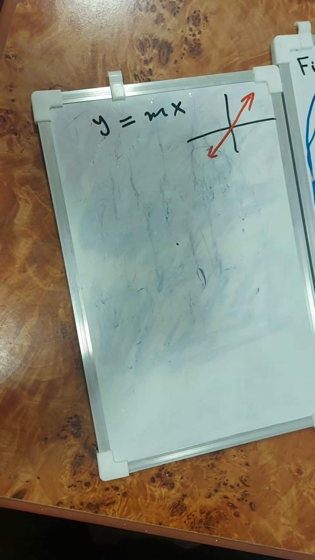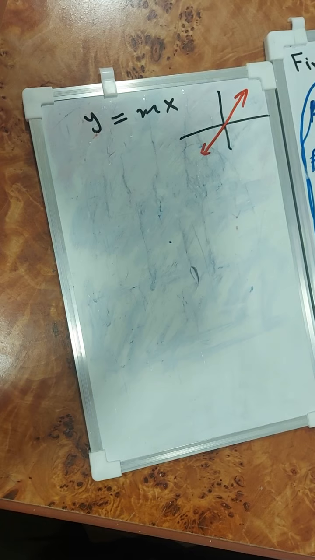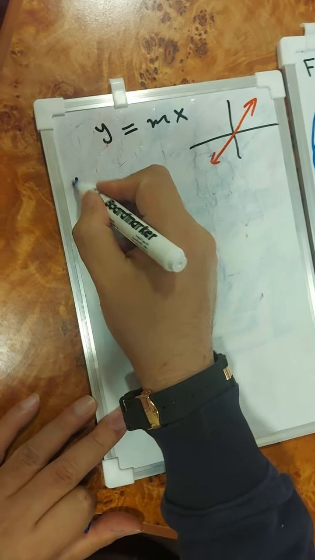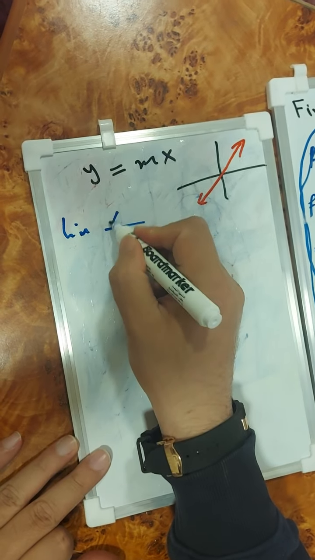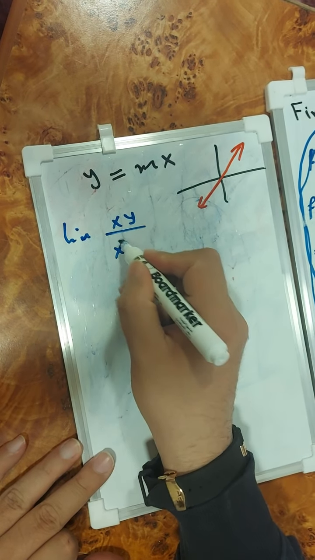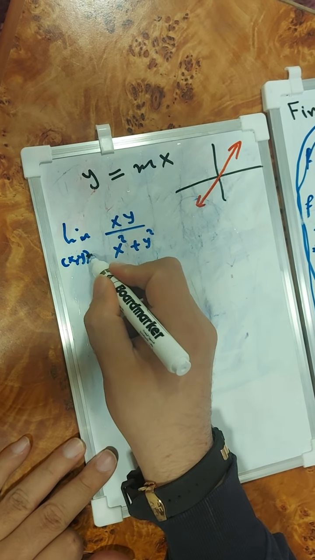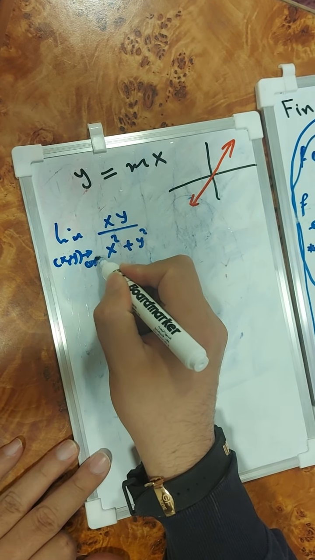Now if we put this substitution in our limit, it is reduced to the limit of x multiply y over x squared plus y squared as x and y go to the origin.